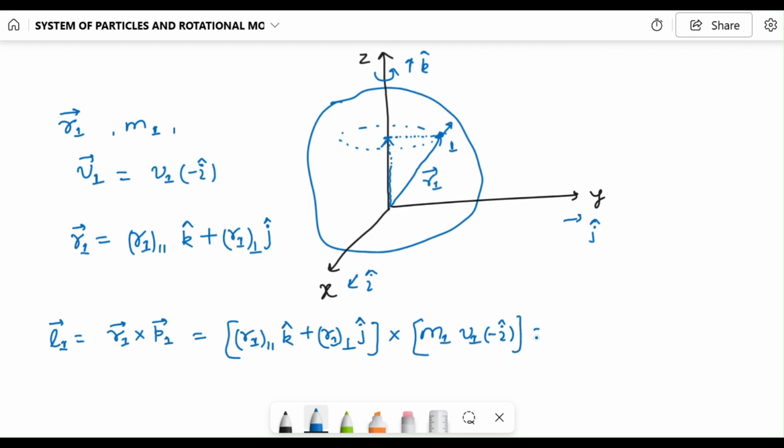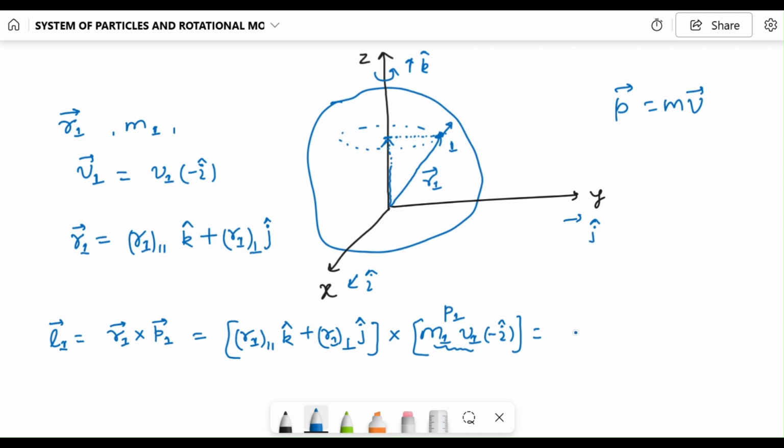And if we try to solve it, let me write P1 only instead of m1 v1. So P1 minus I cap, because the direction of velocity is the same as the direction of momentum. This is mass times velocity, so we know that linear momentum is mass times velocity, and the direction is decided from the velocity.